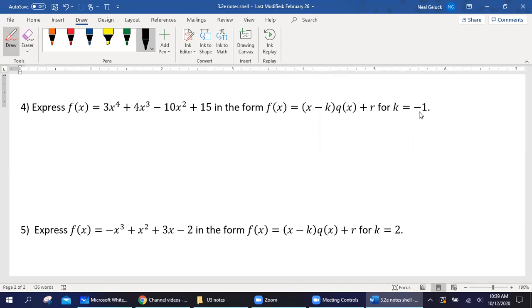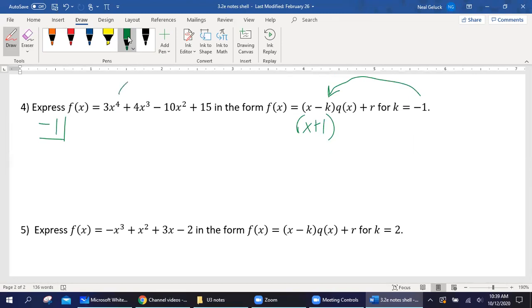So for k equals -1. So what does this mean? I want to go back to that synthetic division stuff. Now be careful. People mess up this negative sign all the time. If I plug in a -1 there, it's x plus 1 actually. But remember, we switched the sign to do the synthetic division, which is going to take me right back to the -1.